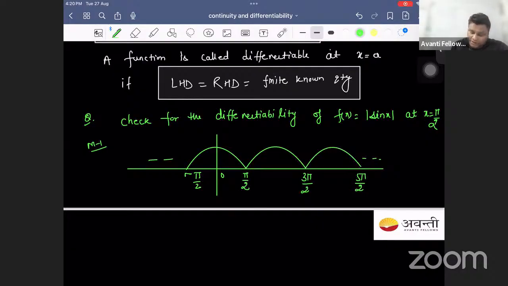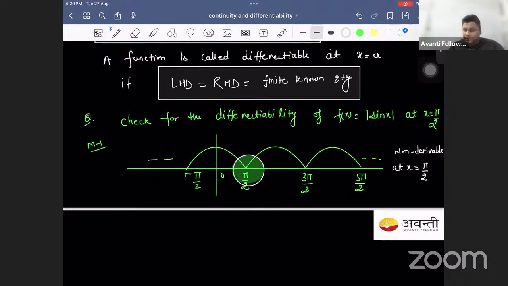And now if you realize, at x equals to pi by 2, there is a sharp corner. If there is a sharp corner, it means this function is not differentiable at x equals to pi by 2. So non-derivable or not differentiable at x equals to pi by 2.